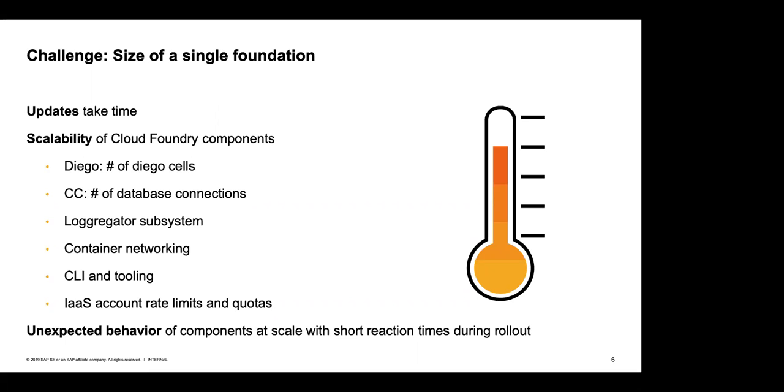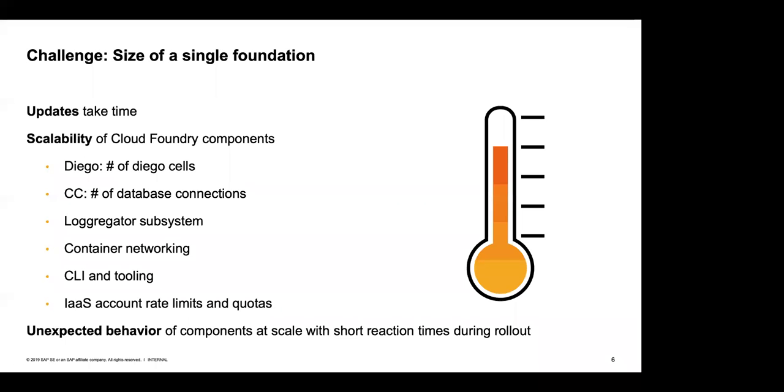And as soon as you hit that number, you need to figure out what to do next, essentially. And we'll see later on in the slides one countermeasure that we have taken to counter the growing number of Diego cells.